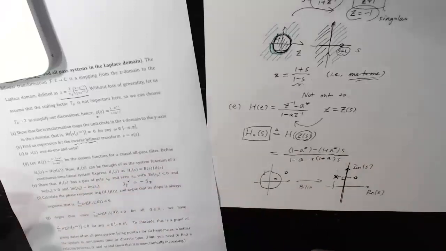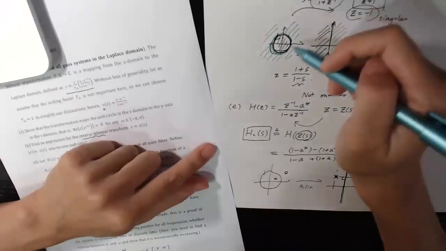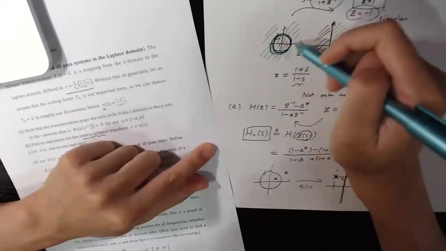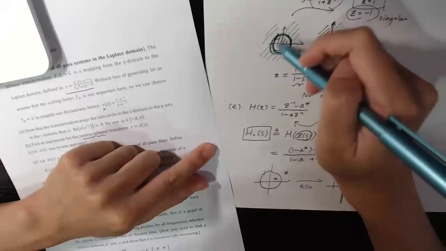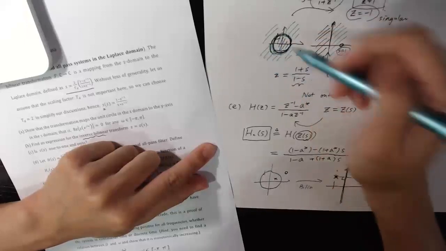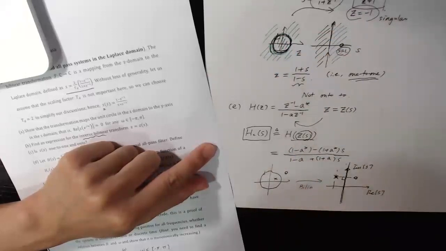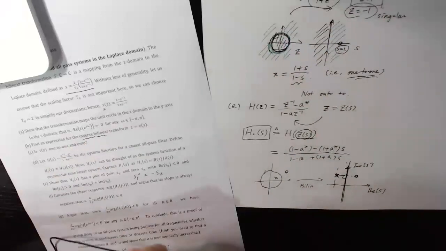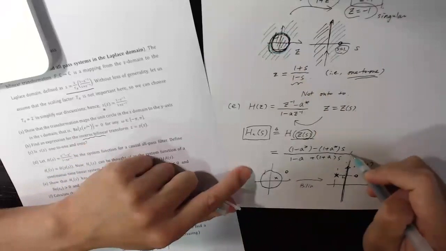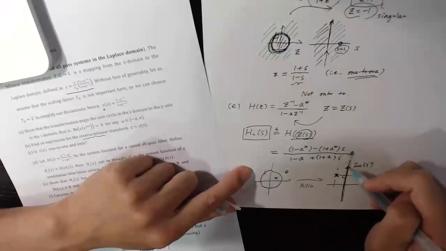Because the magnitude response on the unit circle is a constant, this is an all-pass system. So after this substitution, we should expect the magnitude response along the y-axis. We're talking about a continuous time system.